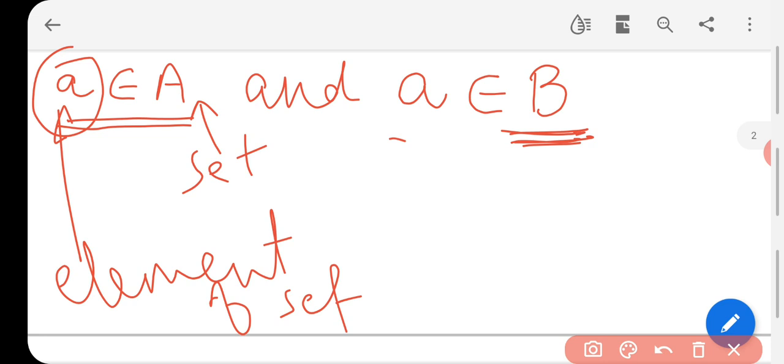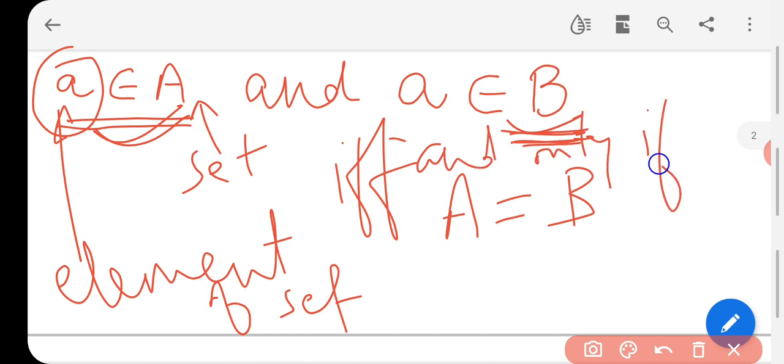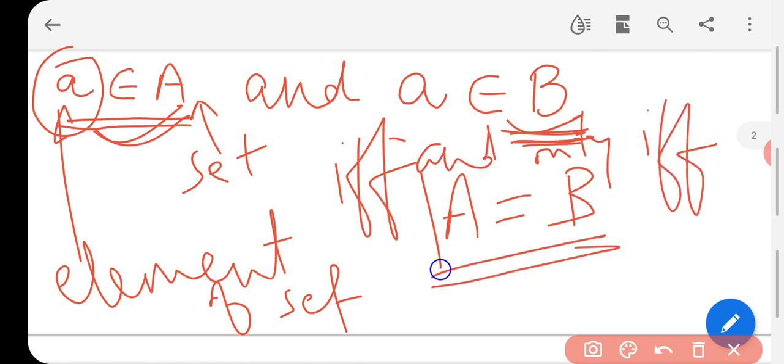The same element appears in both sets, it means these sets are equal if and only if A is equal to B. Please make this thing clear as well.